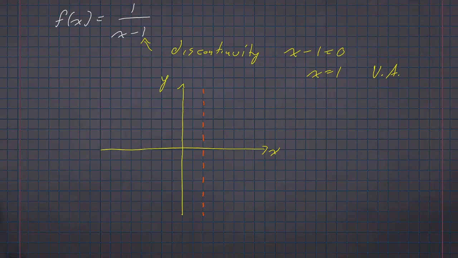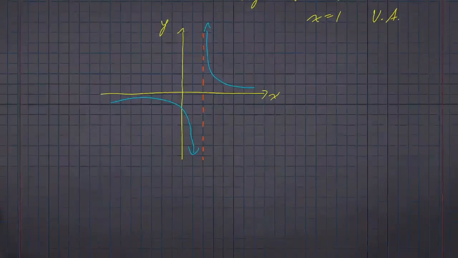And what's going to end up happening is that the graph is going to head up towards that line over here and head down towards that line over here on the other side. The other thing that's going to happen on this graph, and frequently happens on the graph of a rational function, is that we're going to get a horizontal asymptote.